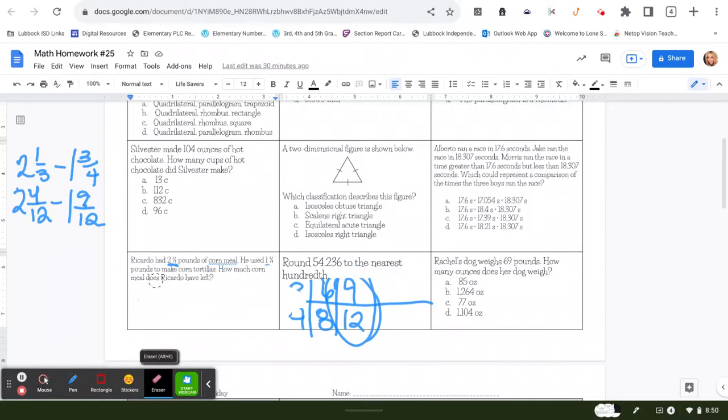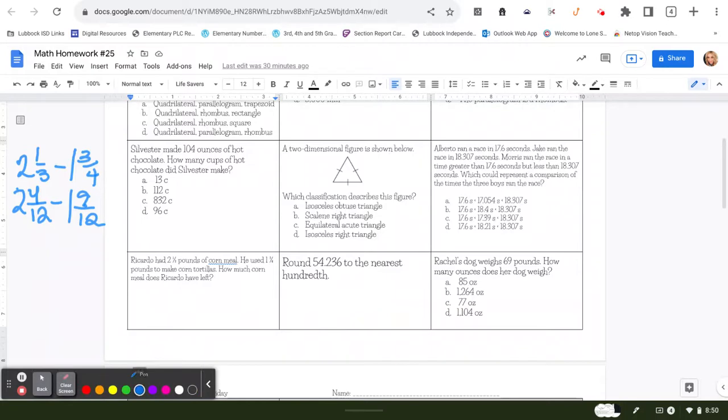I'm going to make a little space for my number line here. And I'm going to start at my lower number, which is 1 9/12. And I'm going to jump to my closest whole number to that. So if I'm counting 1, I'm jumping to 2.